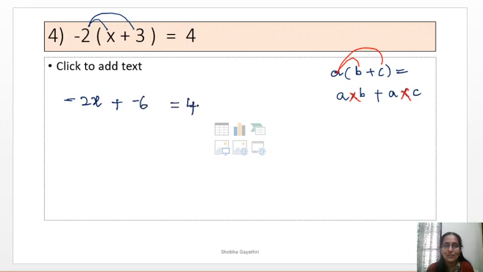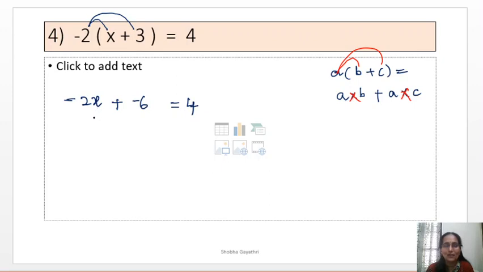You got the equation. When there is a bracket in the equation, the bracket should be opened first. To open the bracket, you have to apply the rules you have learned so far, the simplification rules and the rules of integers. After opening the bracket, you will get a simple equation with one variable x.